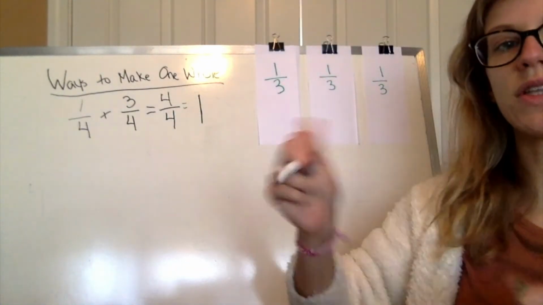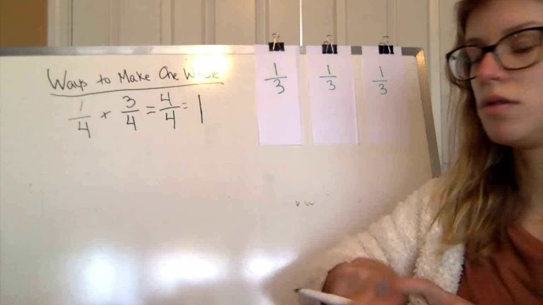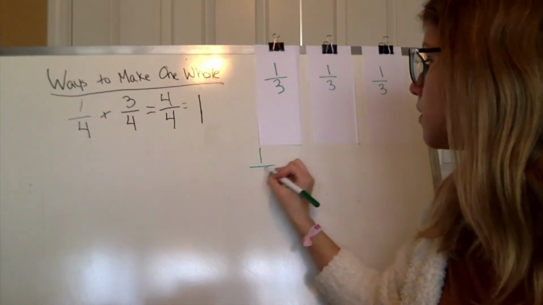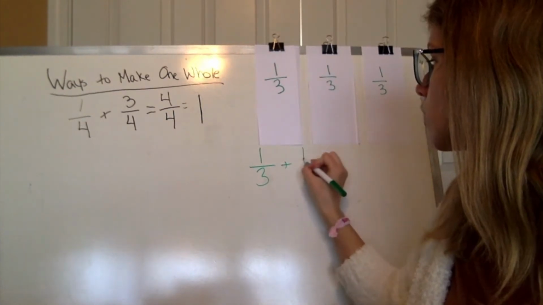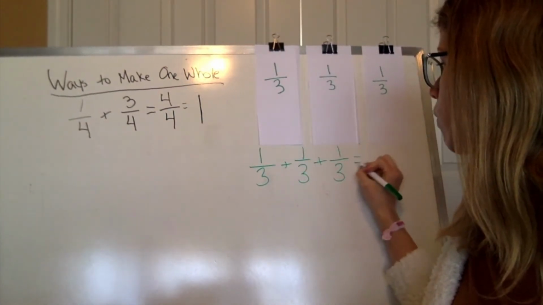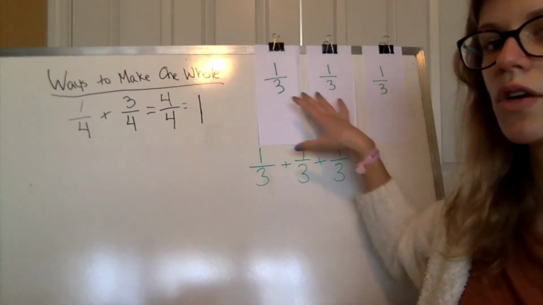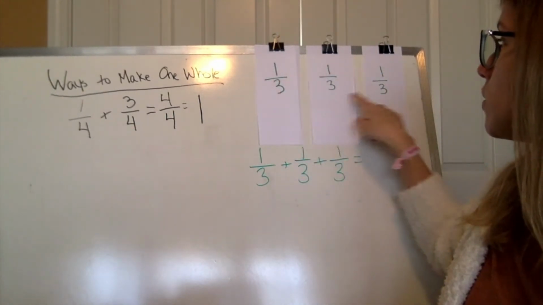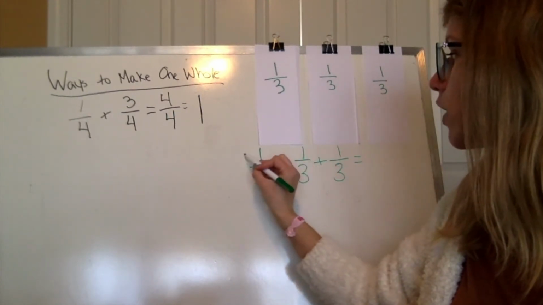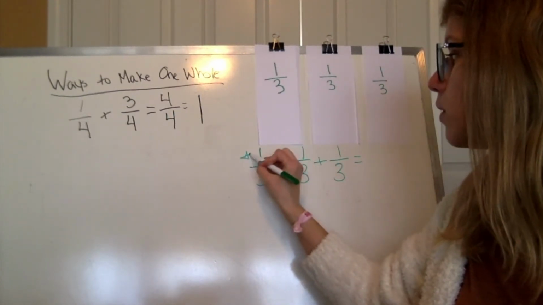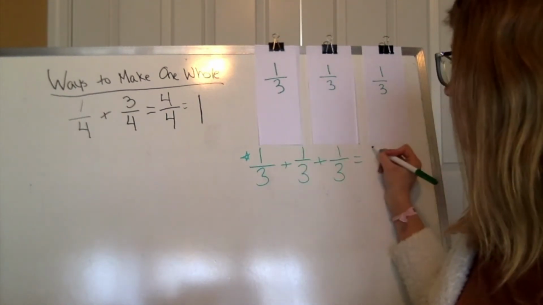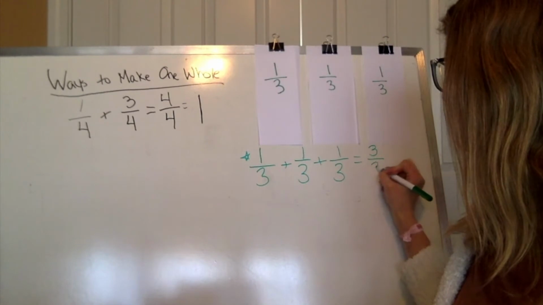They each have 1 part with 3 parts that make up my whole total. So one equation that I can do is I could write 1/3 plus 1/3 plus 1/3 and figure out what that equals, because I know that 1, 2, 3, I'm only adding up my numerator, which is my number on top, only adding that, so I have 3 over 3.